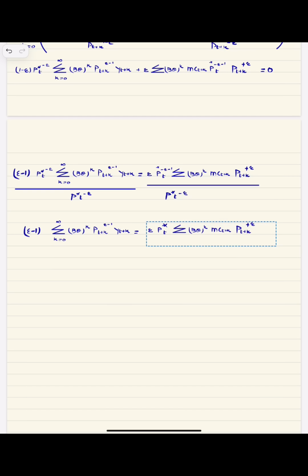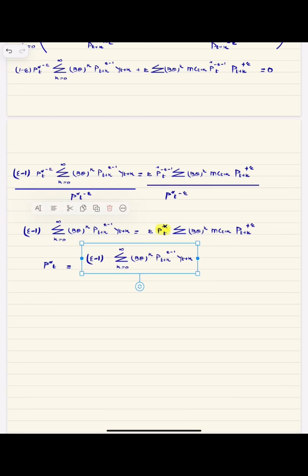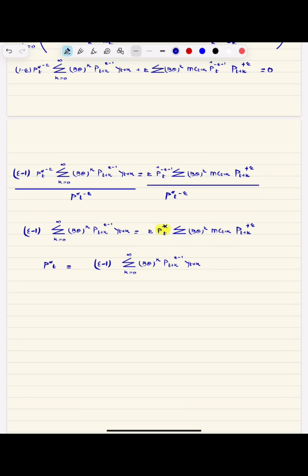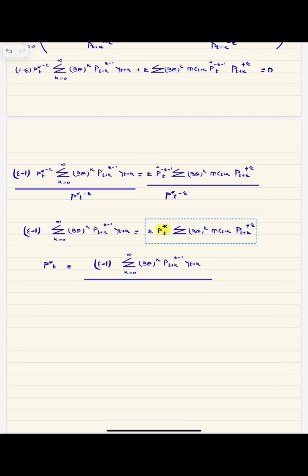Yay! This is our optimal price. We just need to make it into the subject now. I'll have a p star t equals to this divided by this whole thing, obviously without this.